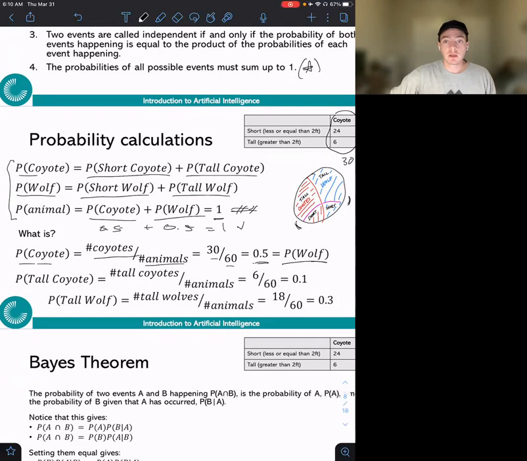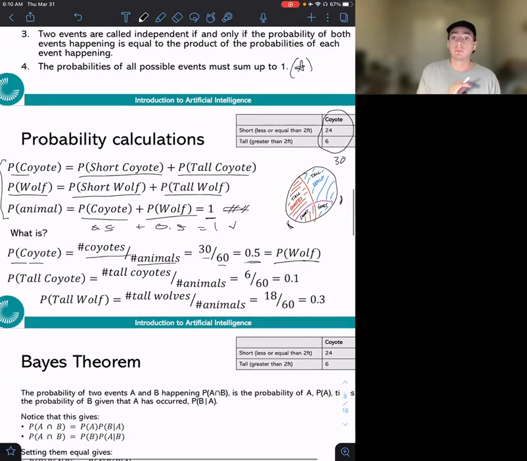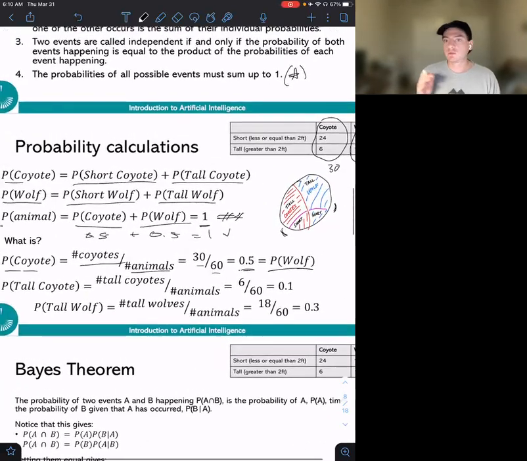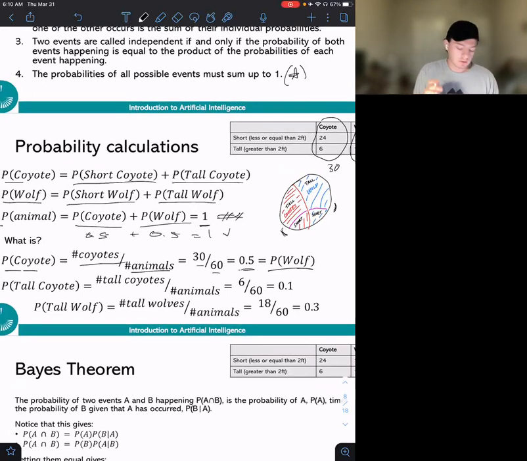Since we're looking at the state space of all animals, it's going to be over the entire 60 instead of just the number of coyotes, which is 30, because we're interested in the probability of a tall coyote given the whole population. And so we'll do number of tall coyotes, which you can find in the table right here, which is 6, divided by the number of animals, which is 60. And we see that it results in a 0.1 probability.